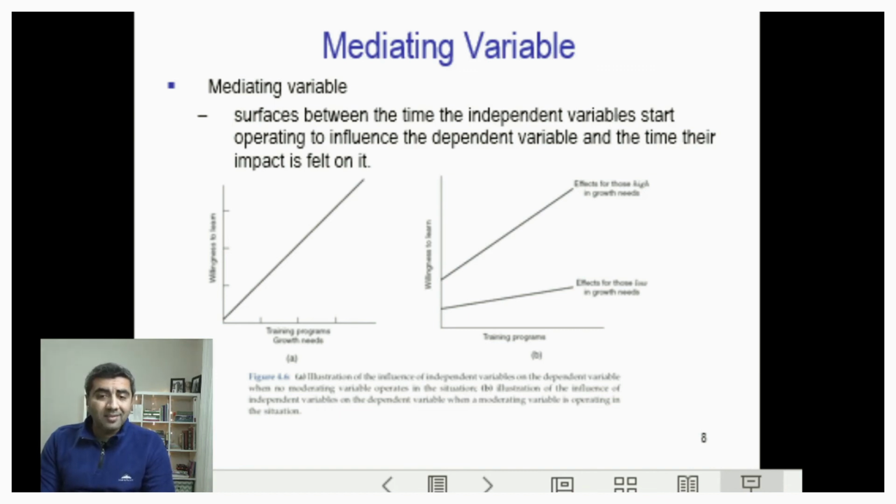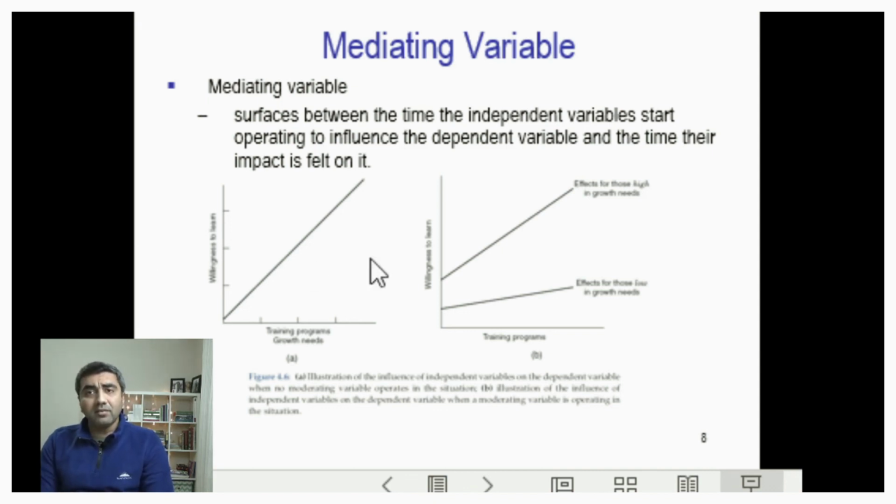What it means is that bringing a mediating variable into play helps us to model a process. So the mediating variable surfaces as a function of the independent variable or variables operating in any situation, and it helps to conceptualize and explain the influence of the independent variable on the dependent variable.